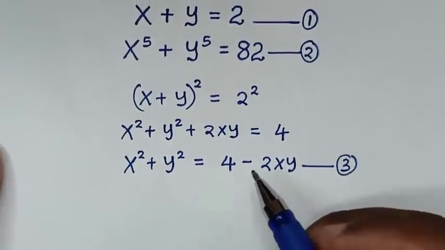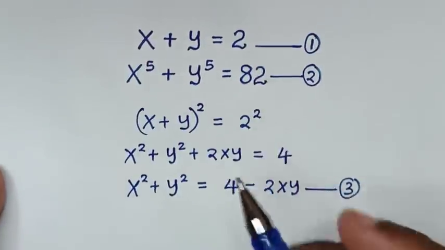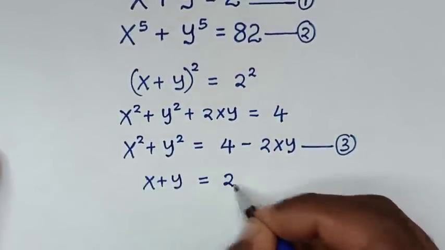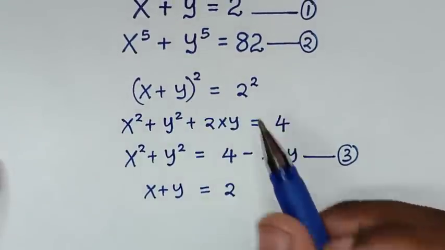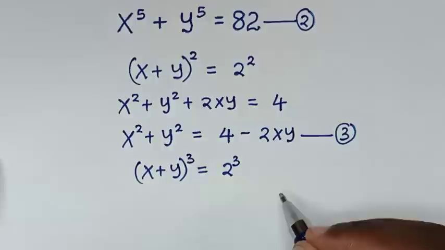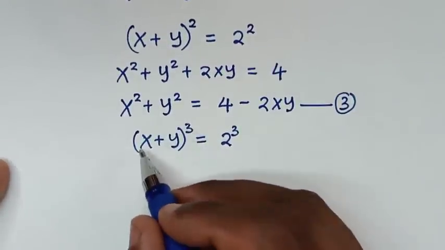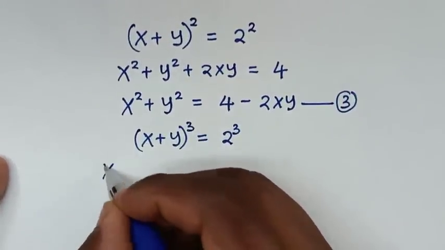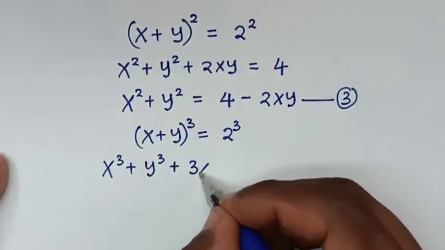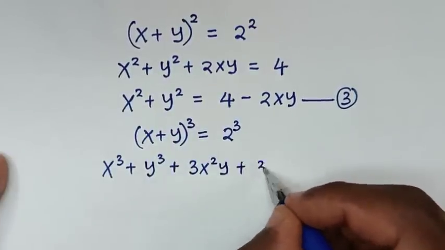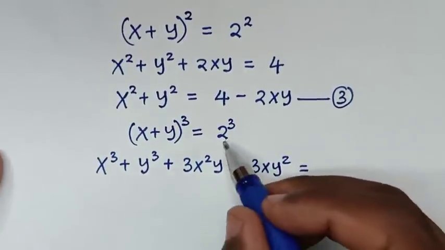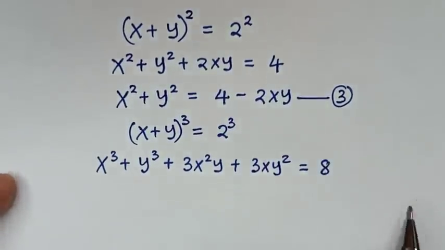Then in the next step, from equation 1 again, which is x plus y is equal to 2, now in this step we will raise to the power of 3 on both sides. Then the power of 3 of x plus y will be x power 3 plus y power 3 plus 3x square y plus 3xy square is equal to 2 power 3, which is 8.